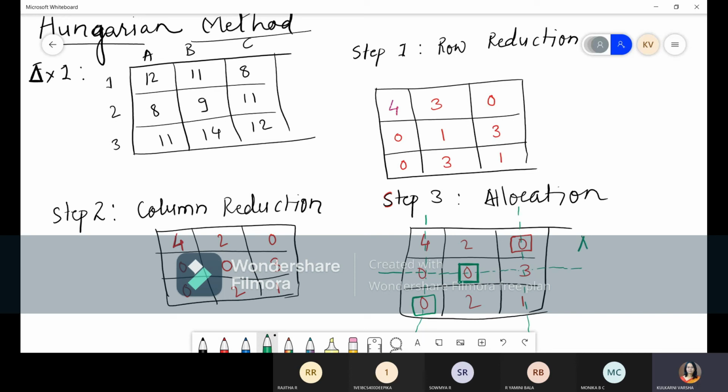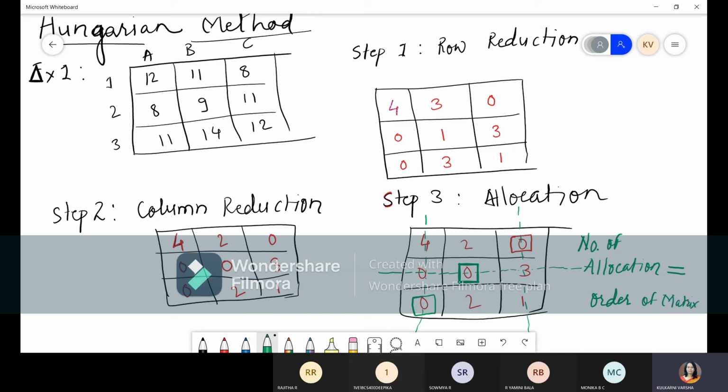But now we have to understand whether the number of allocations is equal to the order of the matrix. What is the order of this original matrix? 3, right? The order of the matrix is 3. So are the number of allocations 3?